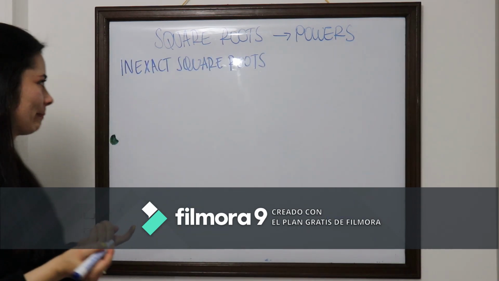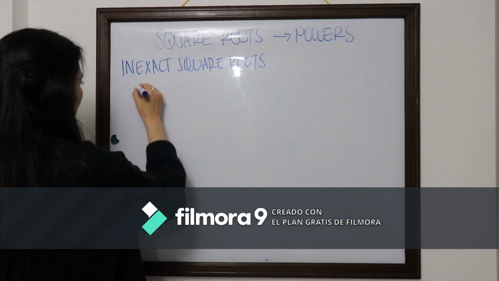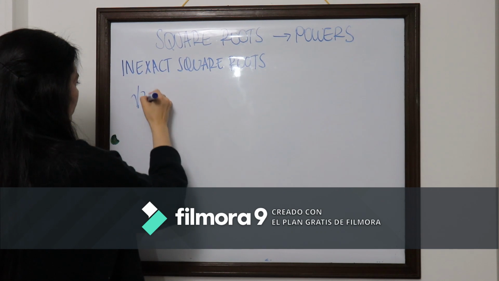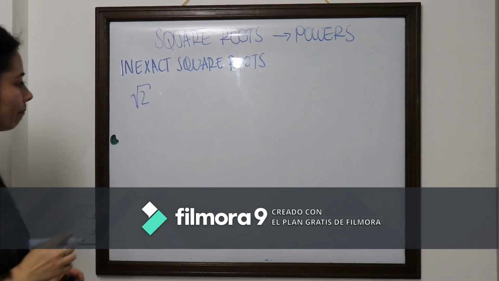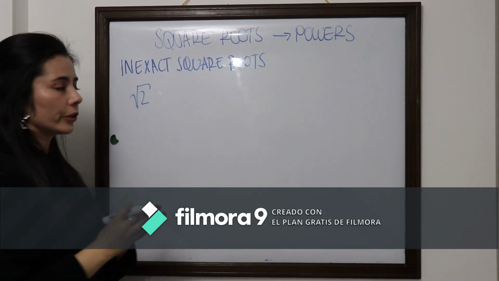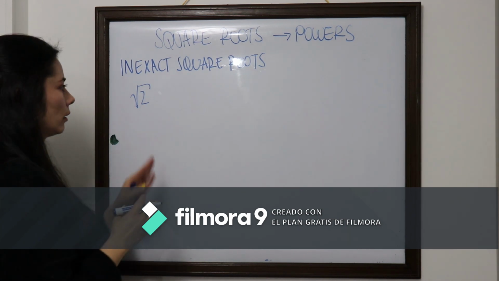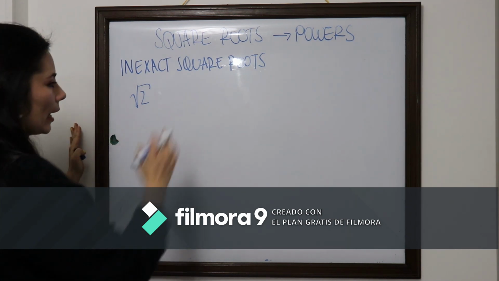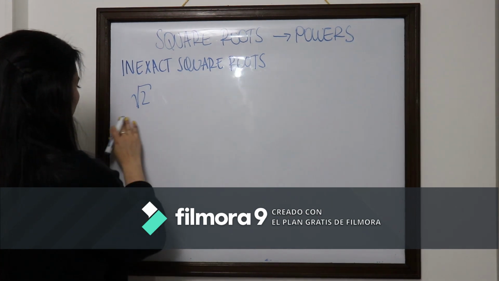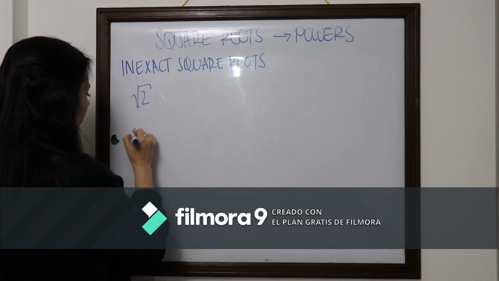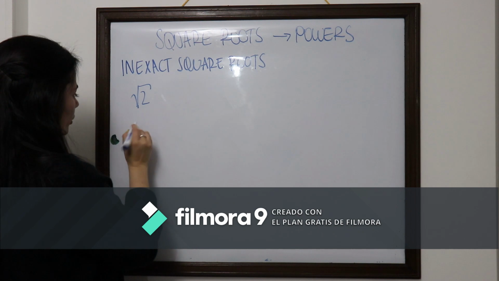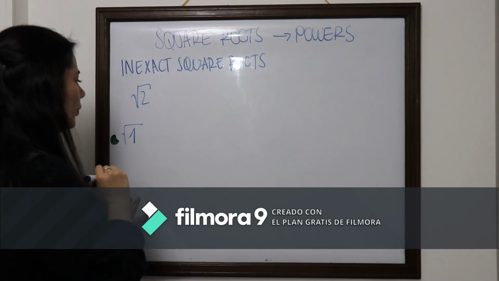Let's think about this. Say for instance I want to find the square root of 2, which is part of your homework. Well, I need to think about the squares before and after 2. The square before 2 is 1, so I'm going to think about the square root of 1.